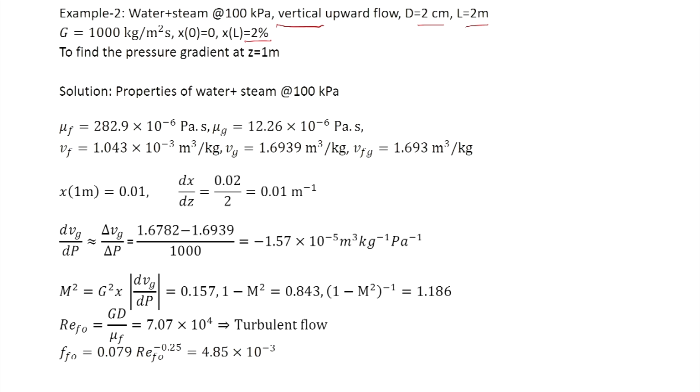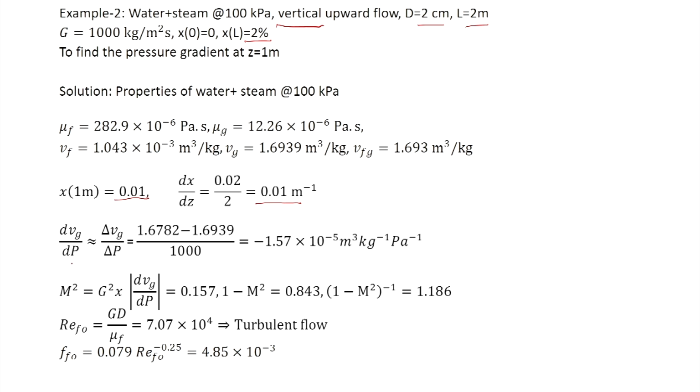The properties of water and steam at 100 kilopascal pressure are the same as before, and x at 1 meter will be half of the outlet quality, which is 1%, and dx by dz we get as total change in quality upon total length, which is equal to 0.01 per meter.